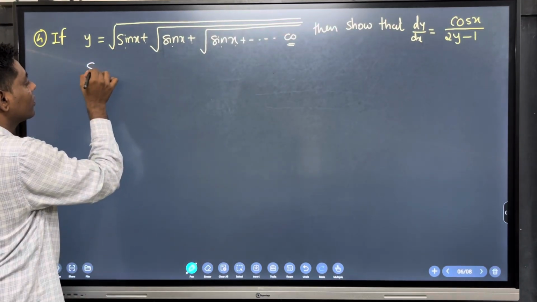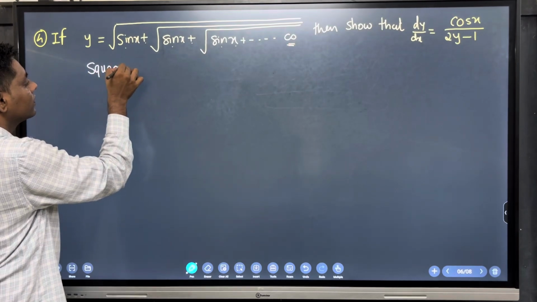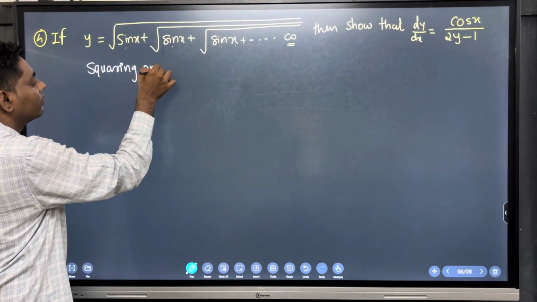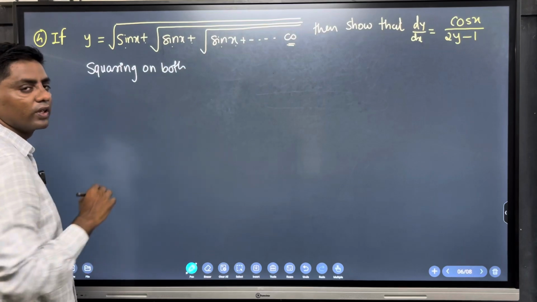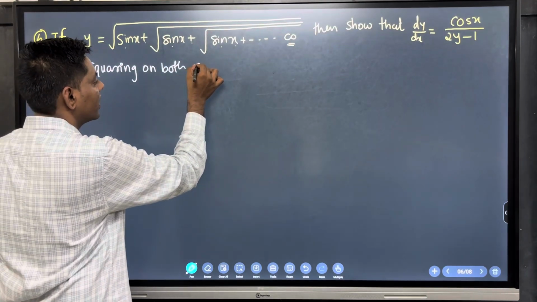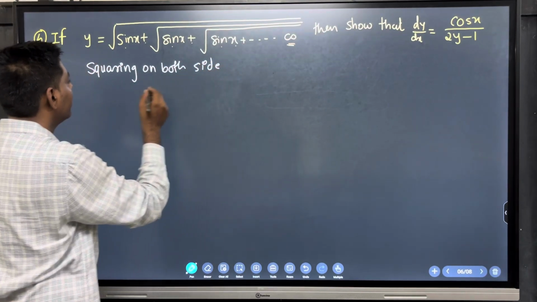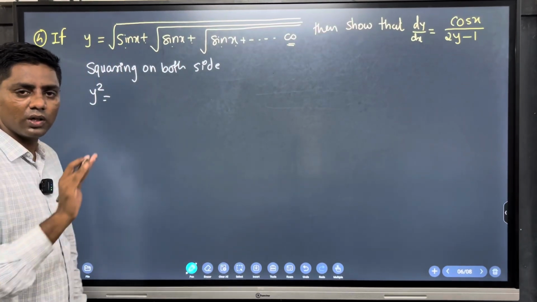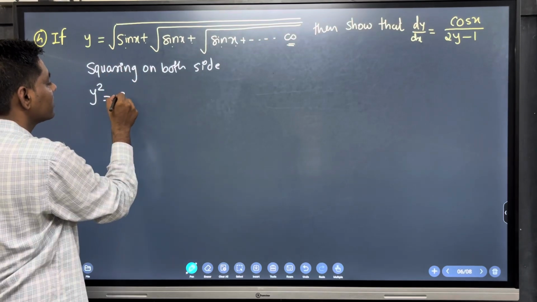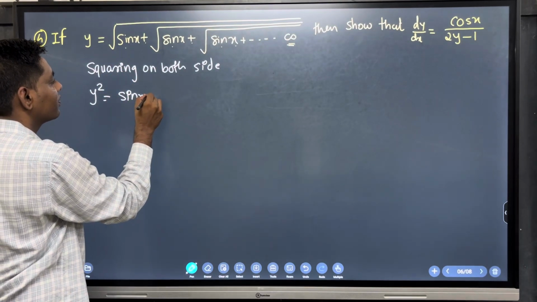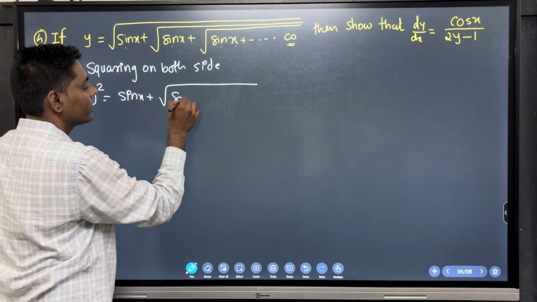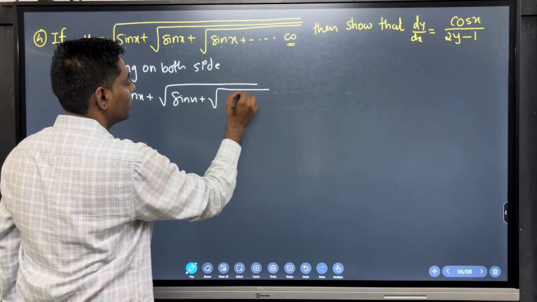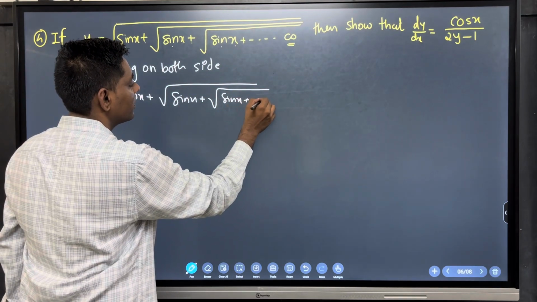So for solving this question, squaring on both sides. Under root is there, therefore we solve by squaring on both sides. So y becomes y square, and when we take the square, the single under root gets cancelled. What is the answer? Sin x plus under root of sin x plus under root of sin x plus up to infinity.